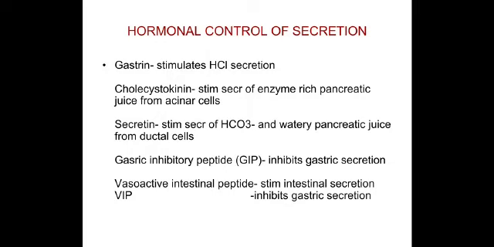CCK-PZ, which is cholecystokinin, stimulates secretion of enzyme-rich pancreatic juice from the acinar cells. Secretin, which is the first hormone to be discovered, by Bayliss and Starling, stimulates secretion of bicarbonate and watery pancreatic juice from ductal cells.